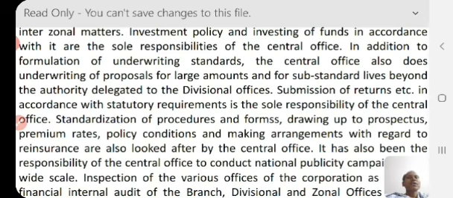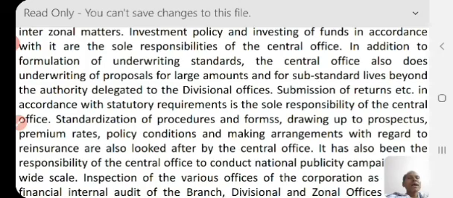In addition to formulation of underwriting standards, the central office also does underwriting of proposals for large amounts, and the substandard lives beyond the authority delegated to the divisional offices.